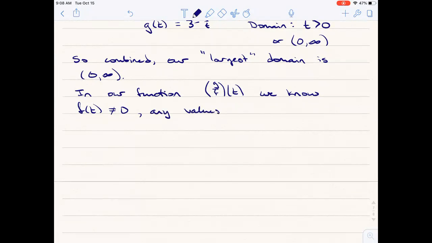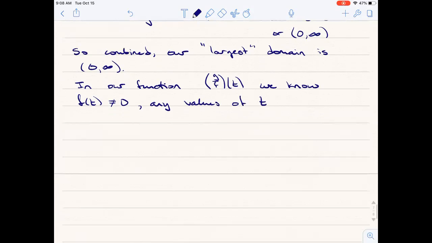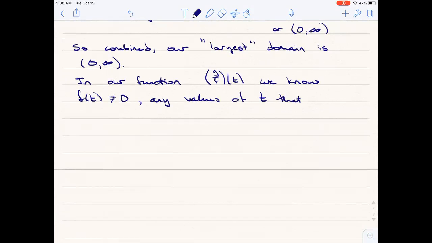Any values of t that make f of t equal to 0 will need to be removed from the domain.